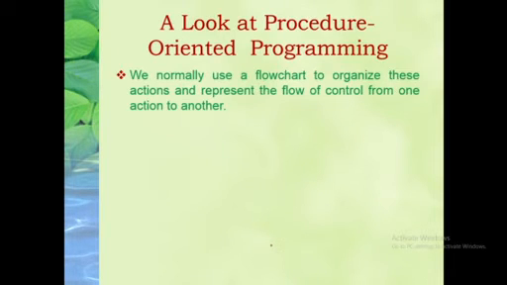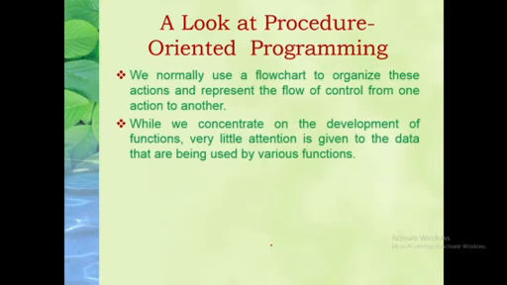We normally define the program as a set of instructions to accomplish a work. That set of instructions should follow a top-down approach, and we write a flow chart to organize a program or to know the flow of control of the program. When we concentrate on the development of functions, little attention is given to the data.